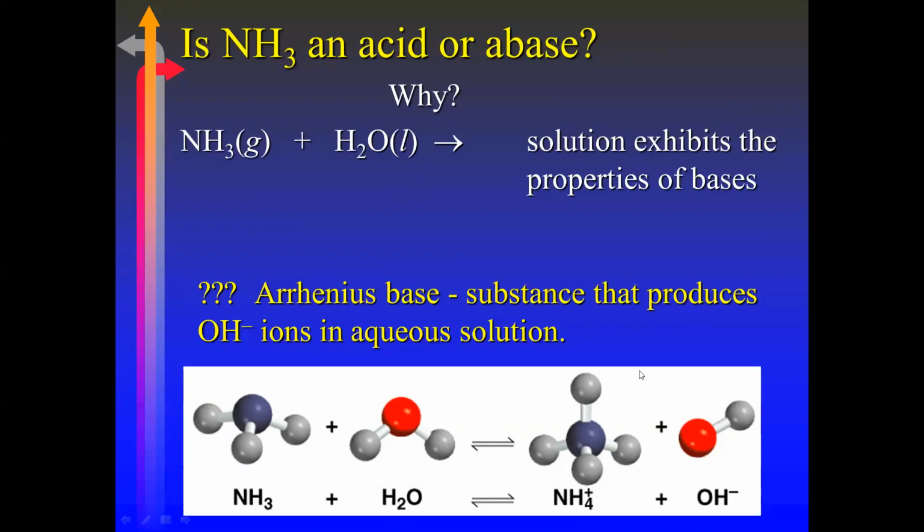The result is that when you put ammonia into water, you have OH ions in solution. So according to this definition, this one is a base. The definition is a substance that can produce OH ions. Ammonia is producing OH ions, right? Ammonia is a base.